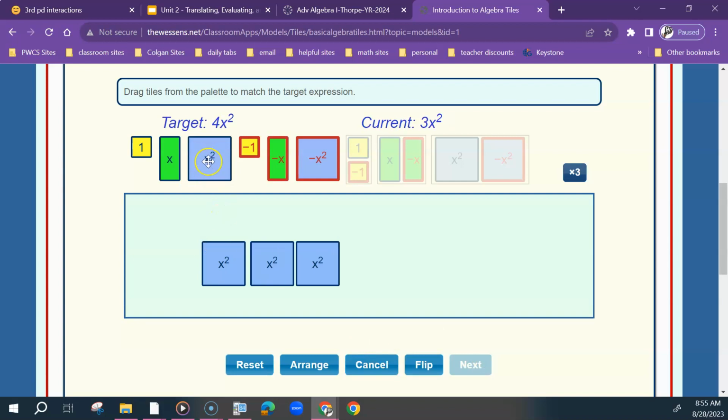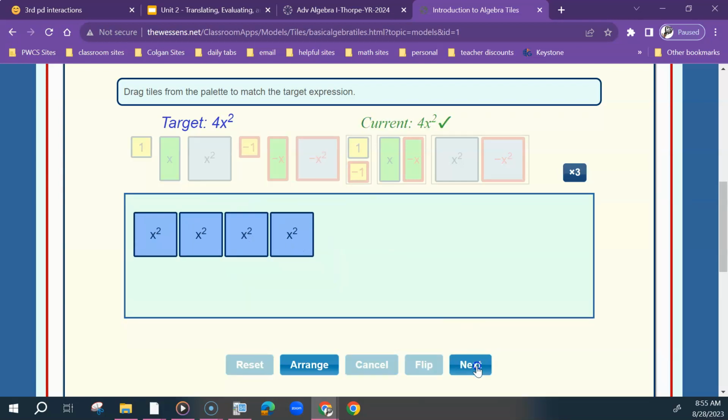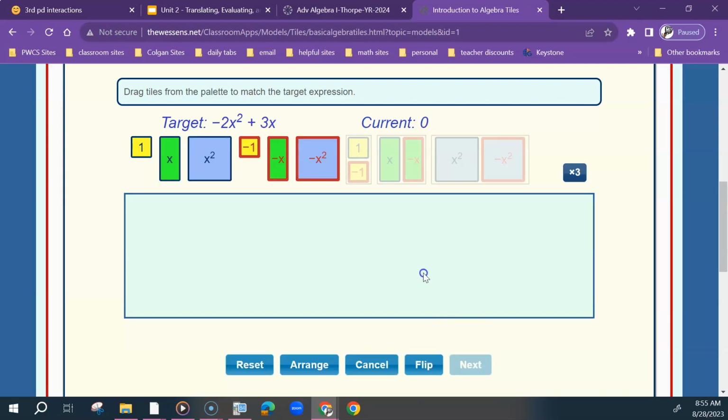We just explained this, so I'm going to do this one. Great. Now here's something a little bit more complex. Now we're doing 2 things, -2x squared and 3x. Someone tell me just one piece of that. How would we do that? 2 negative x squared. Okay, so 2 of these. And then the 3x, how would we model that part?